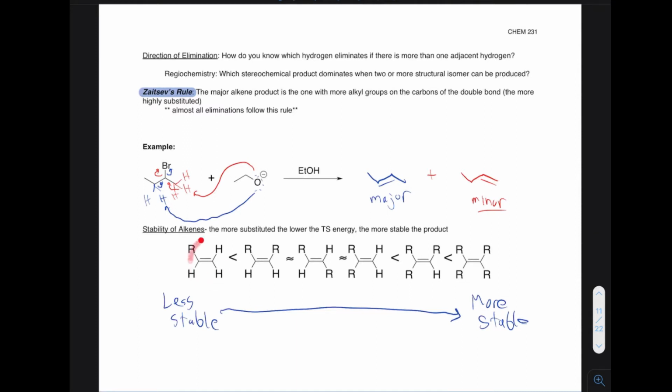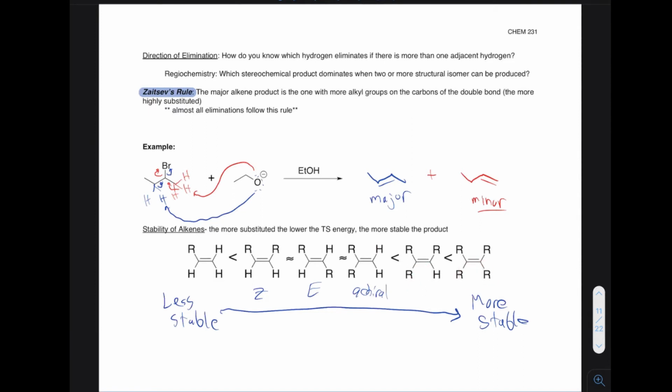And we can see, right, mono-substituted is less stable than di-substituted, and we have, right, three different options for di-substituted. We have the Z isomer, E isomer, or achiral, where both substituents are on the same carbon, right, and our hydrogens make this an achiral molecule. And we have tri-substituted and finally tetra-substituted.